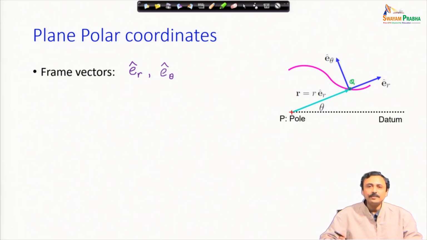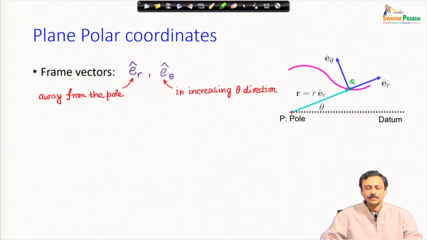I also define E theta cap, which is in the direction of increasing theta. Now, these are some important points to note. So, Er is in the direction of increasing r, away from the pole, and E theta is in the increasing theta direction.